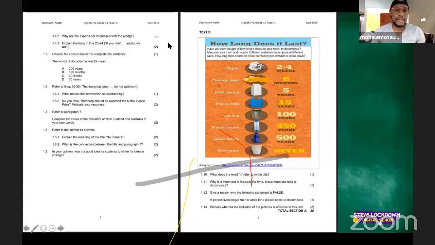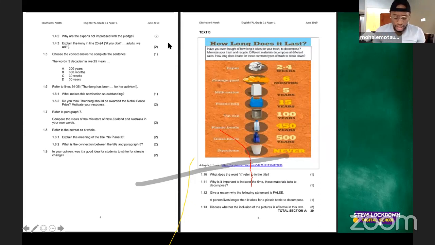Tell me things like, yes, because she is helping the world sort out this problem. Or you can say, no, she is too young to be tackling such issues. She should leave them to adults. So whatever answer that you give, make sure that you motivate your response and it must make sense.